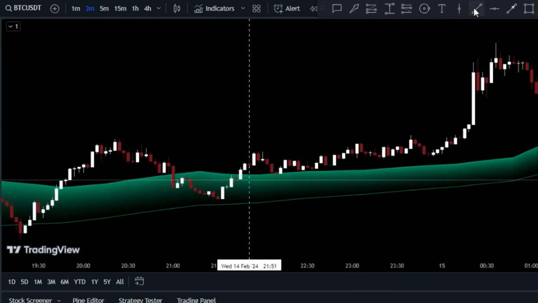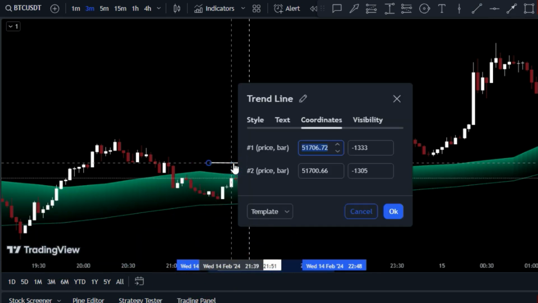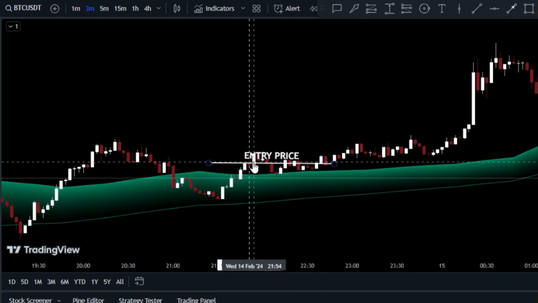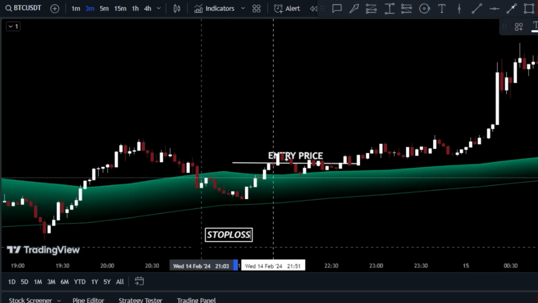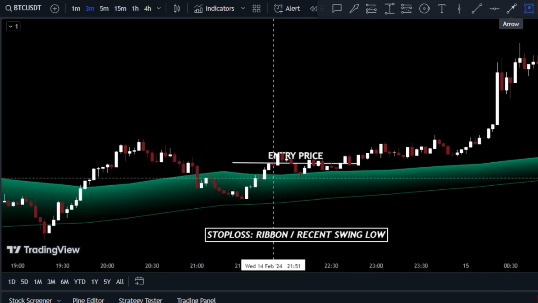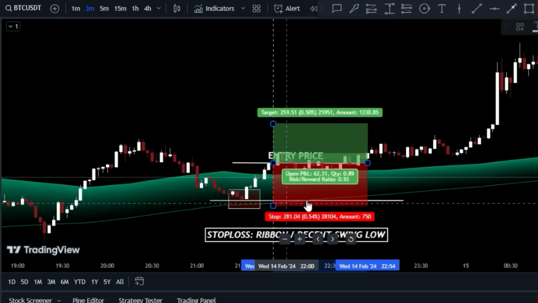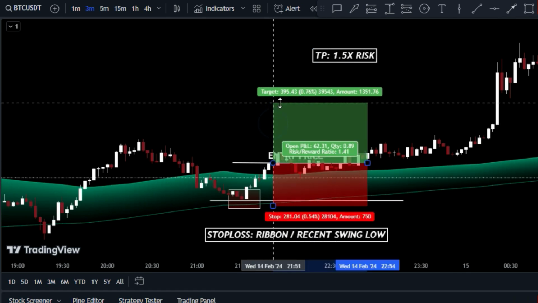This is your cue to enter a buy trade with confidence. To minimize risk, set your stop loss at the recent swing low or below the ribbon. Additionally, establish a trade target that is 1.5 times greater than your risk.